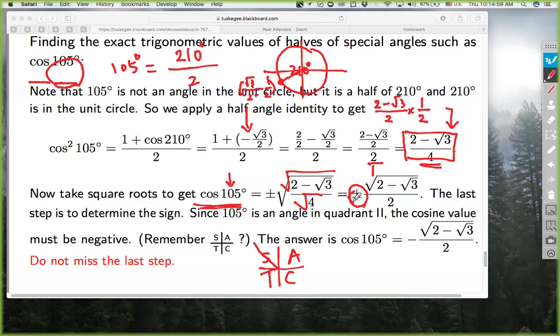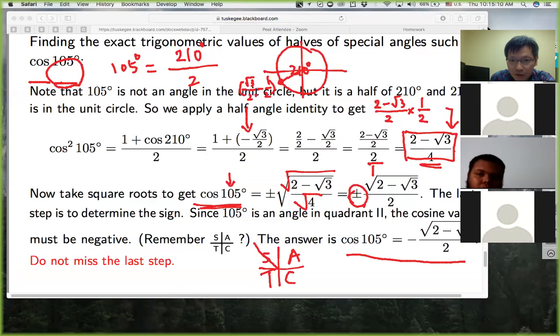So we take the negative sign, drop the plus sign, and we get this final answer. Okay? Right. Any questions? Okay.